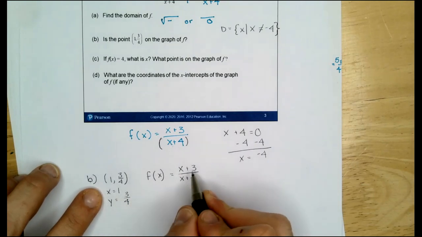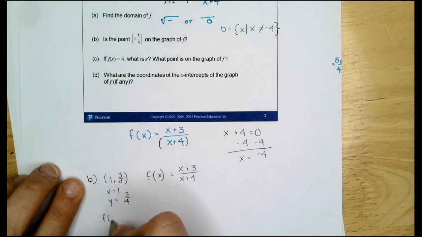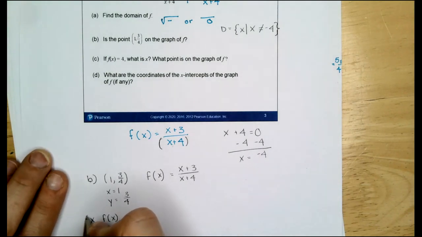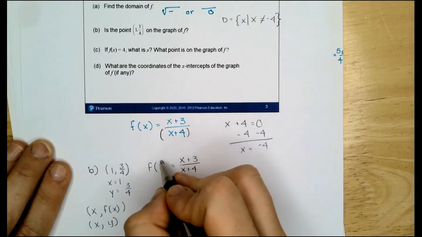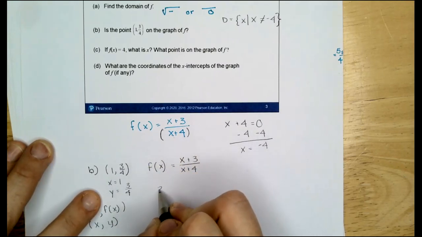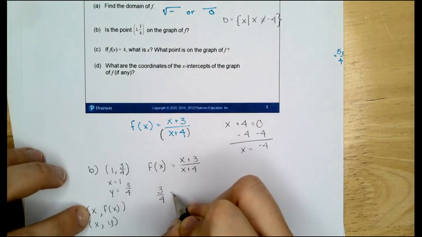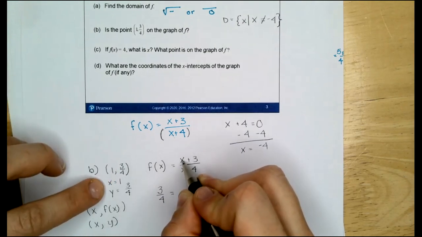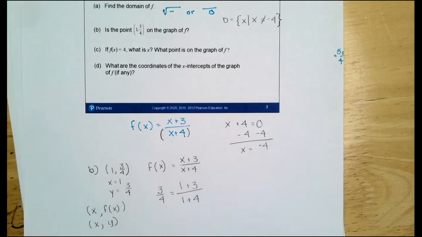So when I put in a 1 for both of my x's, will f of x, so we write that as either xy or x, f of x, right? So all of f of x is my y, so it should be 3/4. 3/4 equals, and then I'm going to substitute 1 in for x, 1 plus 3 over 1 plus 4. Is that true or is that false?